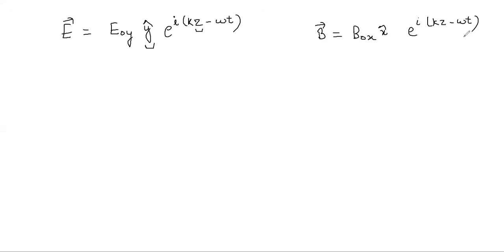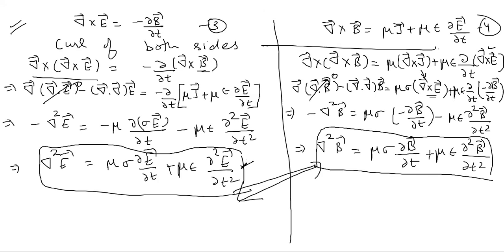What we need to do now is plug in the value of this electric field and this magnetic field. Both the electric field and the magnetic field are functions of z and time only, because you only have the z dependency. Now we need to put these values of electric field and magnetic field into these equations here and see what we get.